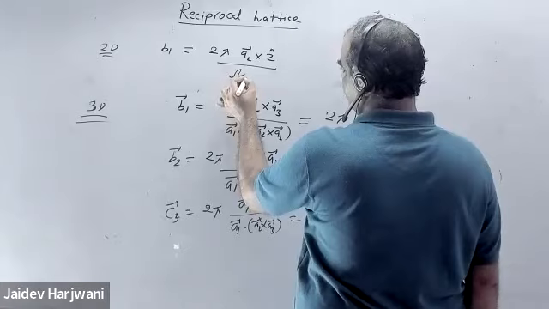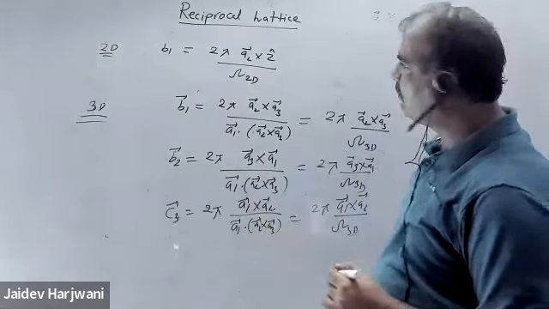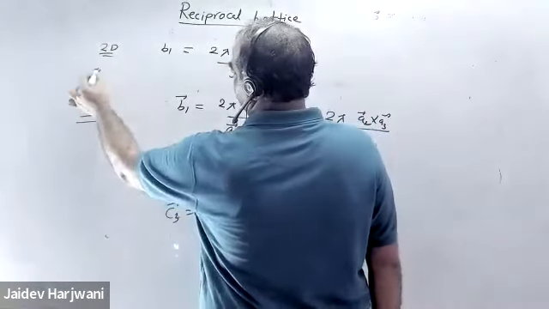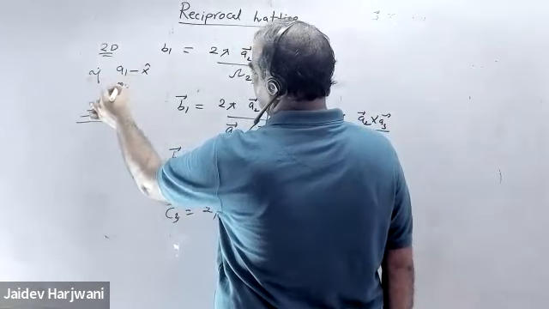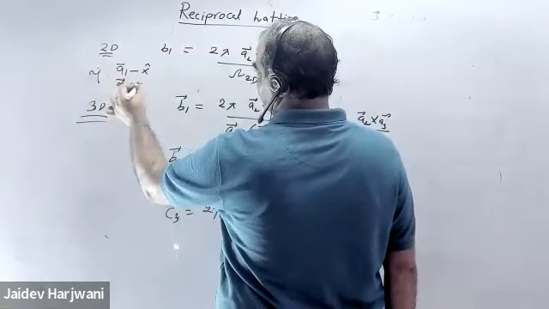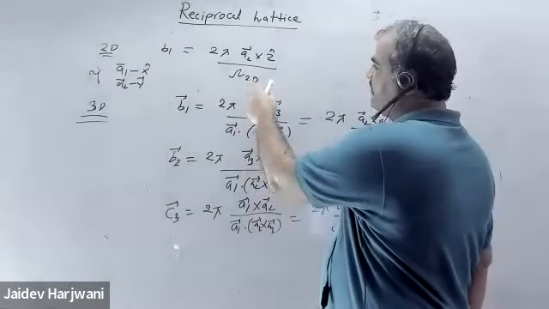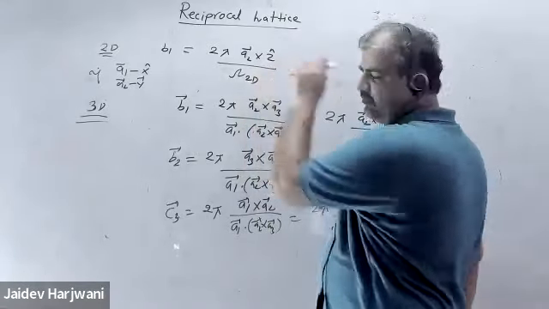Instead of volume, this will be area in 2D. Now why does z-cap come? If a1 is in the x direction and a2 is in the y direction, you have to take the vector perpendicular to the area.